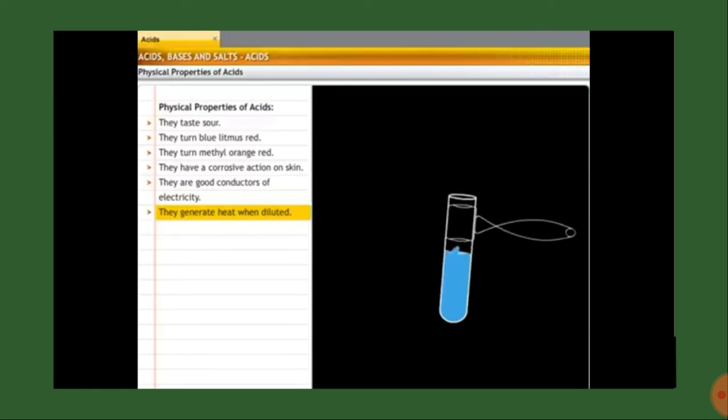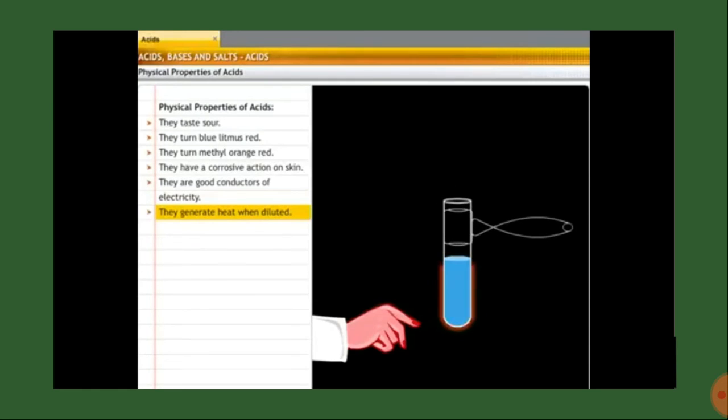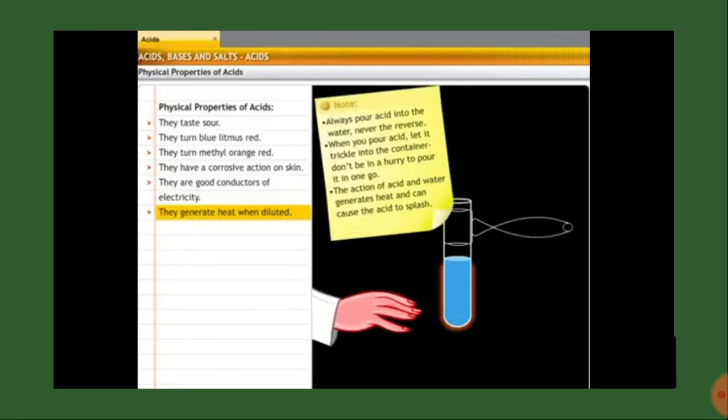So take 5 ml of water in a test tube and carefully add sulfuric acid to it. Then touch the base of the test tube. You will feel that the base of the test tube is hot. This indicates that the reaction between acid and water is exothermic and they will generate heat.